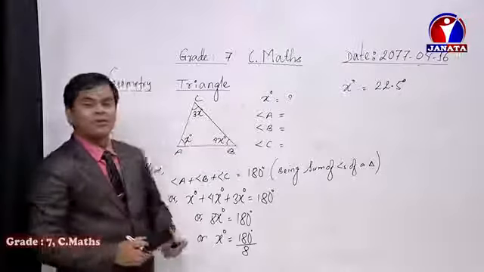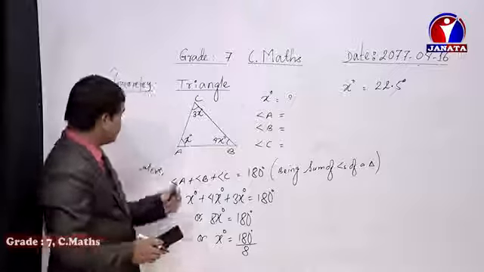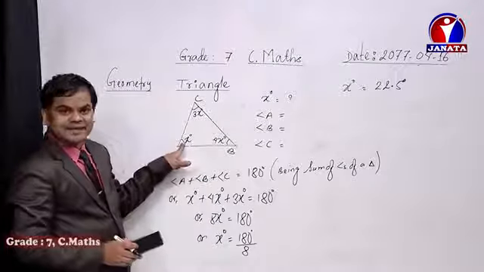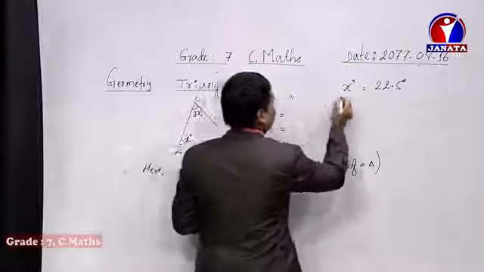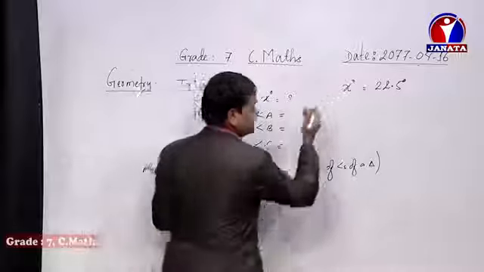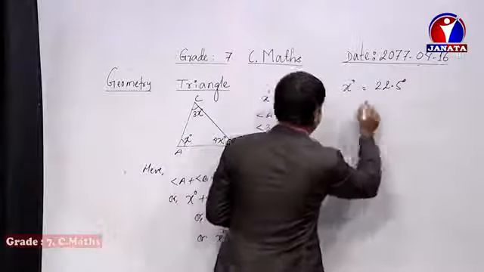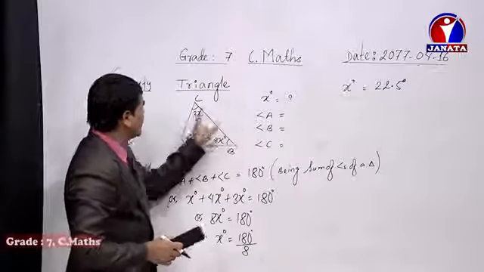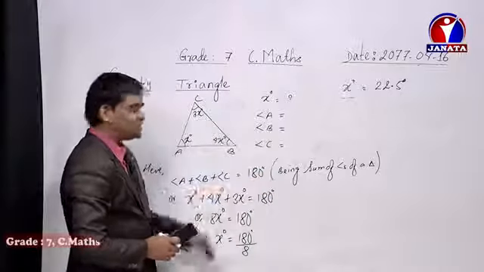It means the value of x we got is 22.5 degree, dear student. After finding the answer, I am copying the solution in here. Now in this way, substitute the value of angle A, angle B and angle C: 3 into 22.5 degree, 4 into 22.5 degree, and find the answer, dear students.